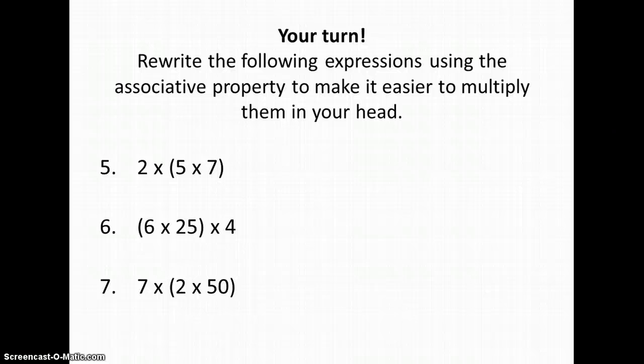We are now done with this lesson. Pause the video so you can answer 5, 6, and 7 in the work section of your WSQ. Then go back and make sure that you have written your summary and a question that you or someone in the class might have about the associative property. You can go back and watch this video as many times as you need to so that you understand the associative property.